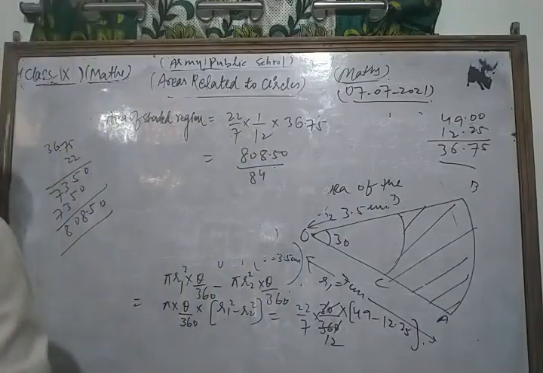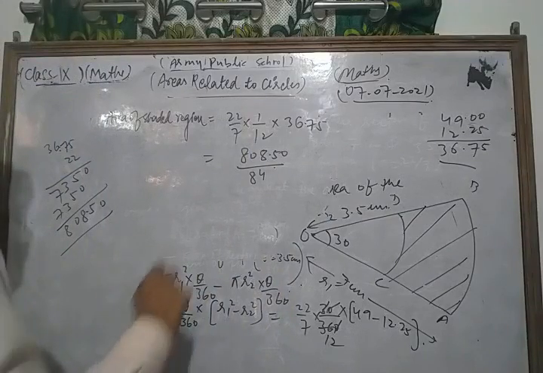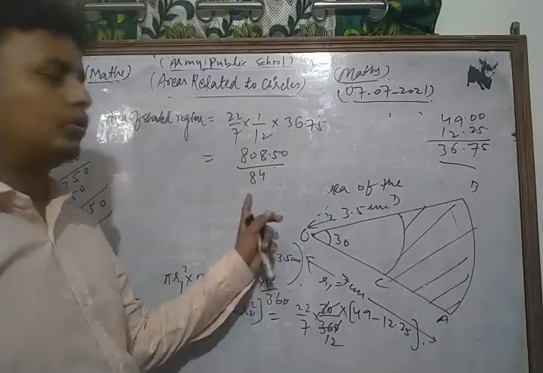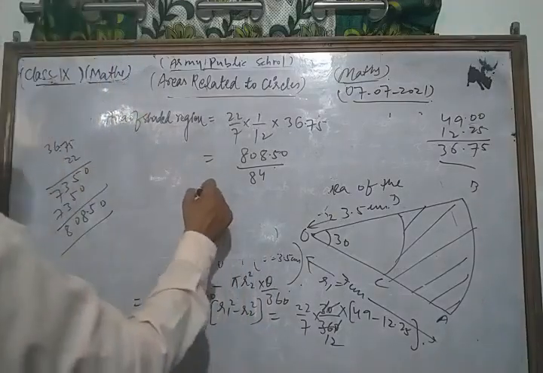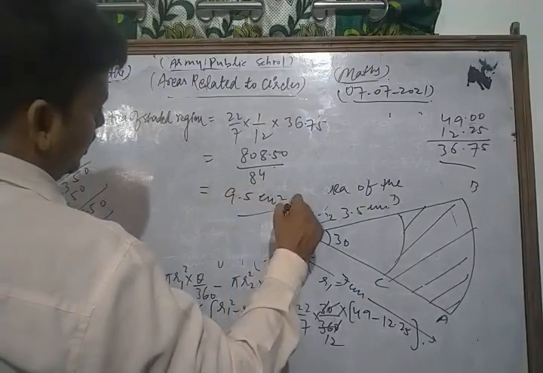Now we just divide 808.50 by 84, so we get about 9 point something. So this is 9.5 something centimeter square.